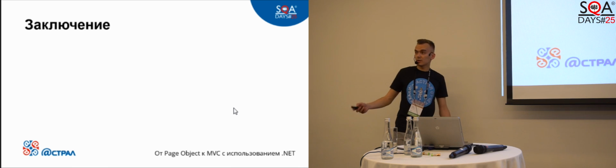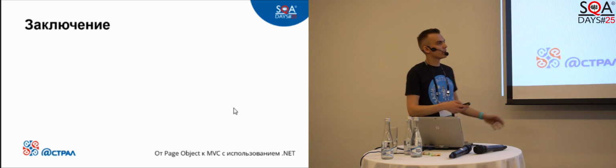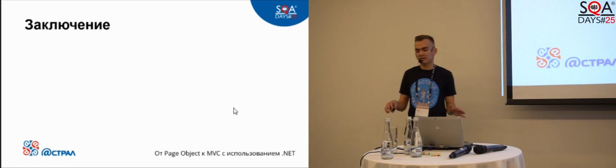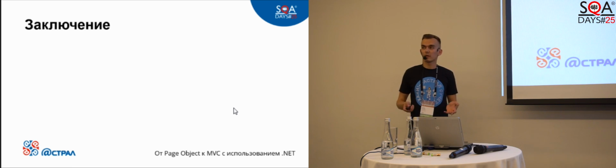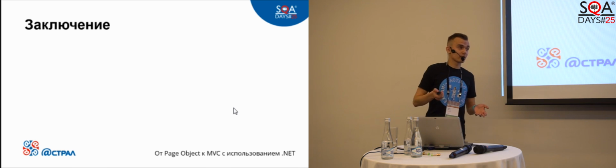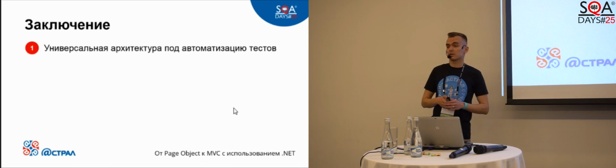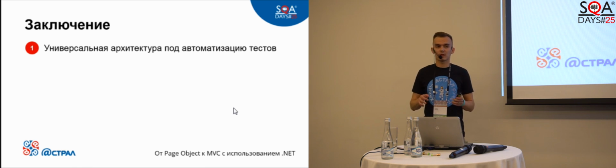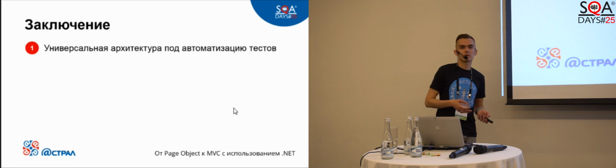At the end of the day, we have a universal test architecture that we tried on several projects, and it became some kind of a silver bullet. We covered the gap in employees because developers now develop test scenarios.